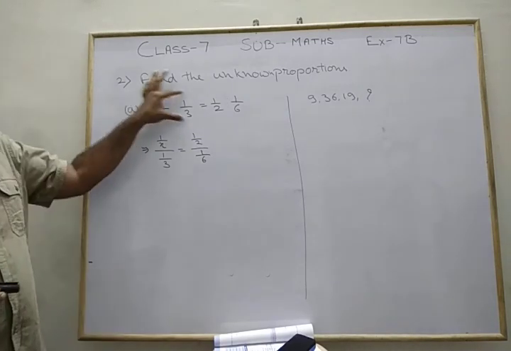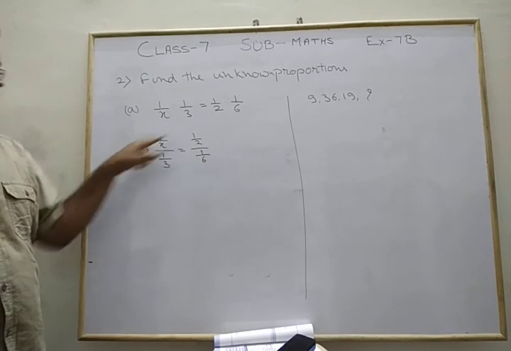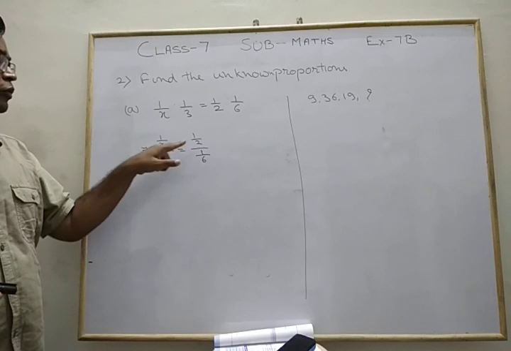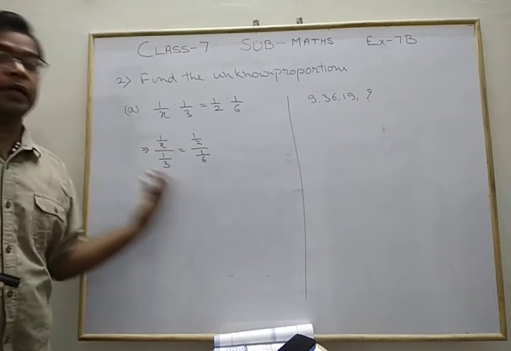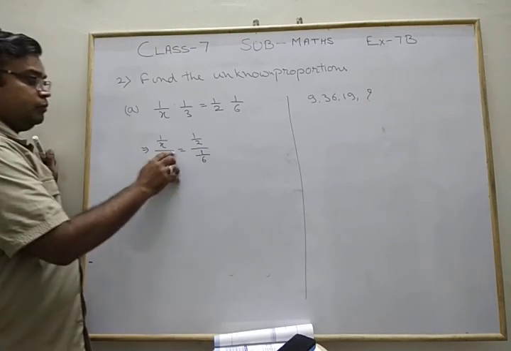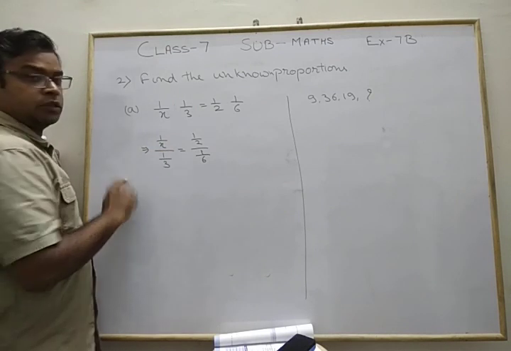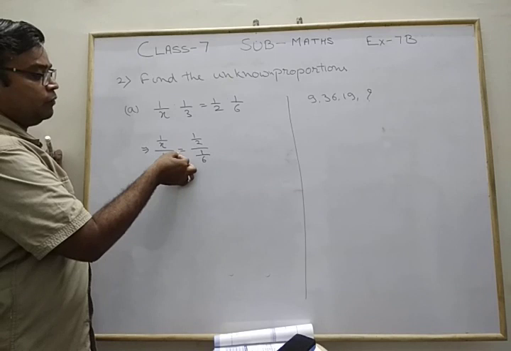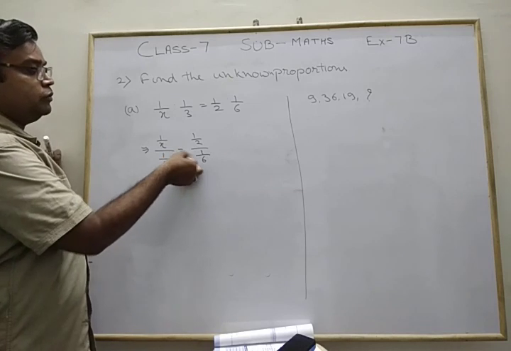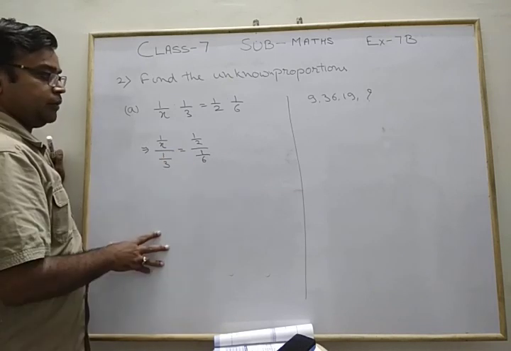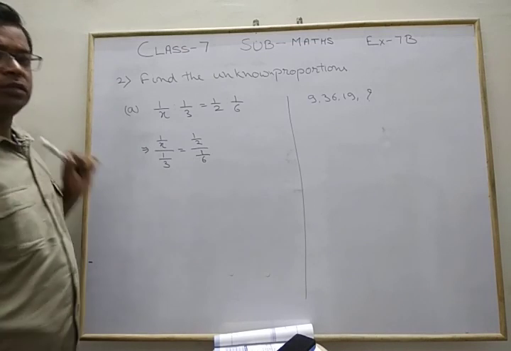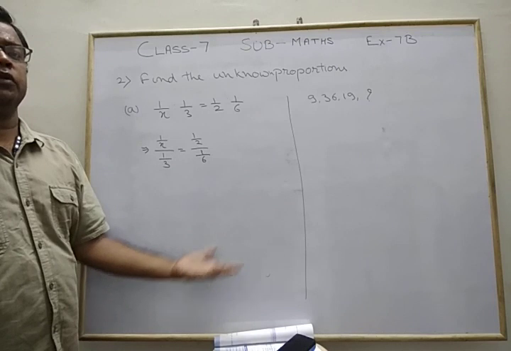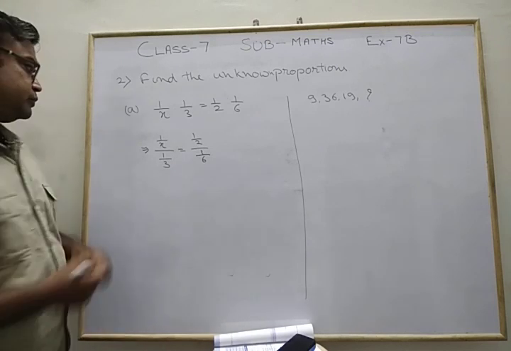If we are writing fractions of fractions, that is 1 upon x whole upon 1 upon 3, or 1 upon 2 whole upon 1 upon 6, then we have a big division sign. So we always put the equal sign in front of these two big division signs. Otherwise, your solution is confusing. It will create problems for you as well as your examiner.